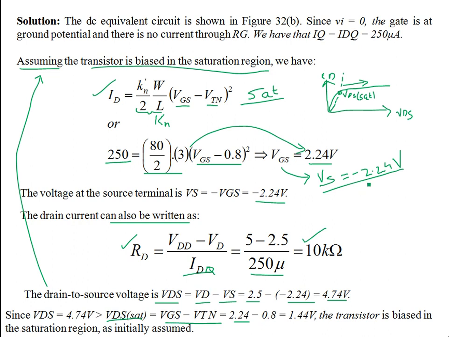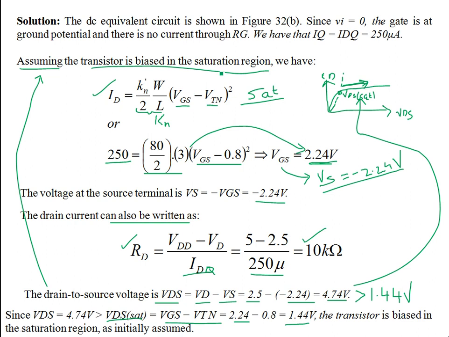VS is minus 2.24 volts, but VGS is 2.24 volts, which is the positive quantity. So 2.24 minus 0.8 is about 1.44. Since the drain to source voltage is greater than 1.44 volts, that means our initial assumption, that the transistor was biased in the saturation region, is correct. So we are indeed somewhere in the saturation region. We are past this point.